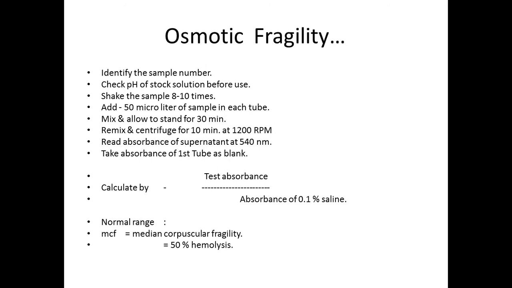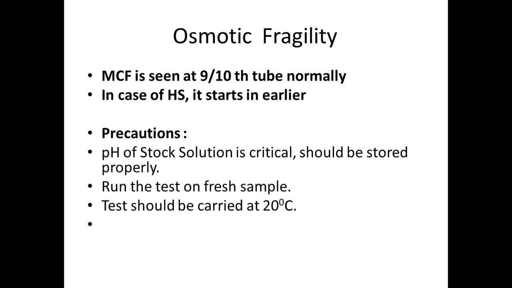So, we identify the median corpuscular fragility by identifying 50% hemolysis. Now, what is the normal observation? Mean corpuscular fragility is seen at the 9th or 10th tube in a normal patient. In hereditary spherocytosis, we get the MCF in the 7th, 8th or 6th tube.